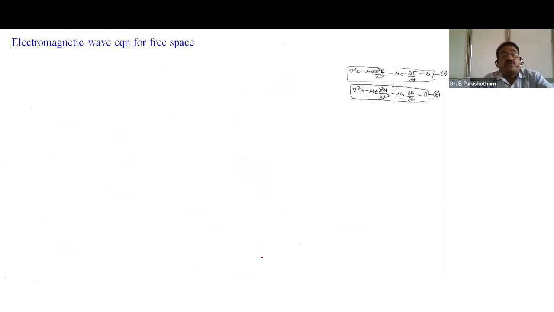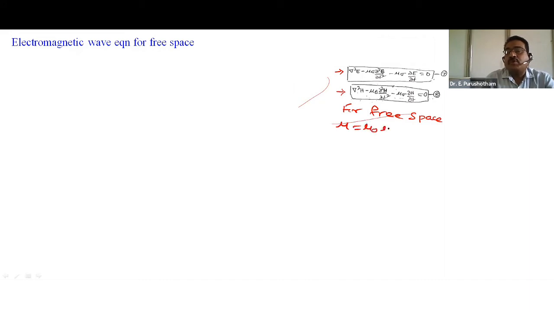You see here, electromagnetic wave equation for free space. This is equation number 7, this is equation number 8. For free space, you know very well mu is equal to mu naught mu r. For free space, mu r is equal to 1.